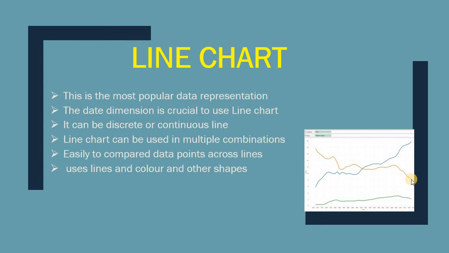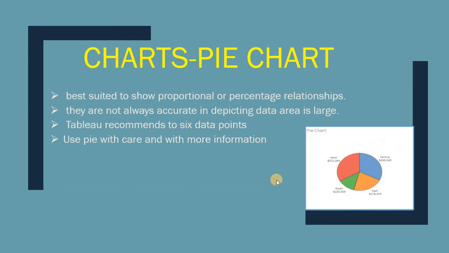If we understand lines well, we can use color, as we can see here, but sometimes we can use shapes as well, not only the line, but other shapes across the line to show the data points as well. We can combine that way. That's it. We will see more when we actually visualize that in the next section.